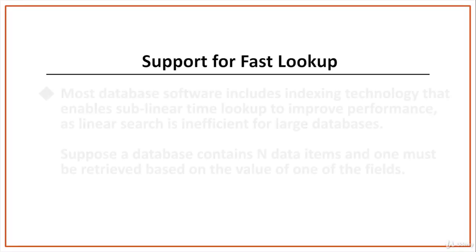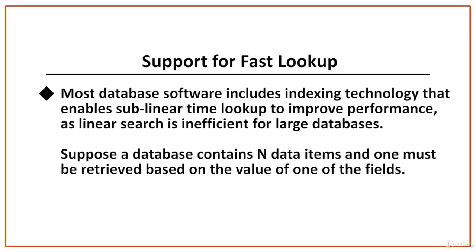Most database software includes indexing technology that enables sublinear time lookup to improve performance, as linear search is inefficient for large databases. Suppose a database contains n data items, and one must be retrieved based on the value of one of the fields.